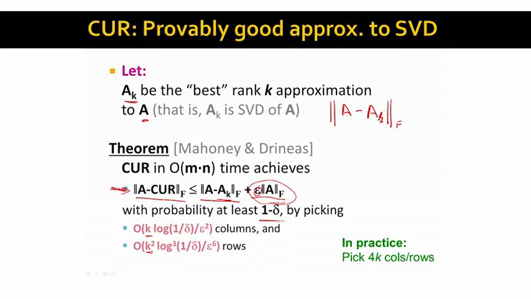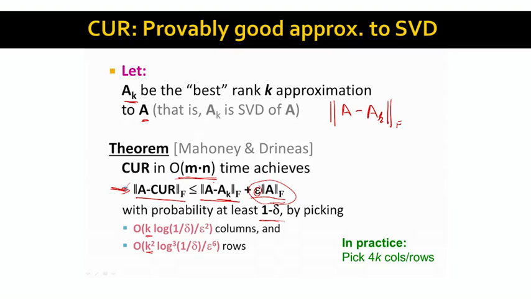But what is important is that here we establish the quality of the CUR decomposition, but the computational time is much shorter. So the computational time to do this is of order m times n, which is the order of our data size, and that's much less than what we had for SVD, where we had m times n cubed. Okay? So what does this mean?